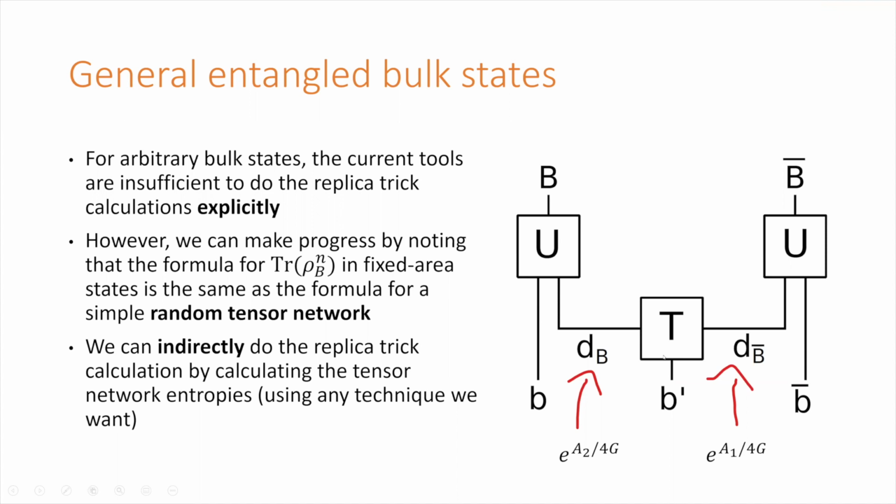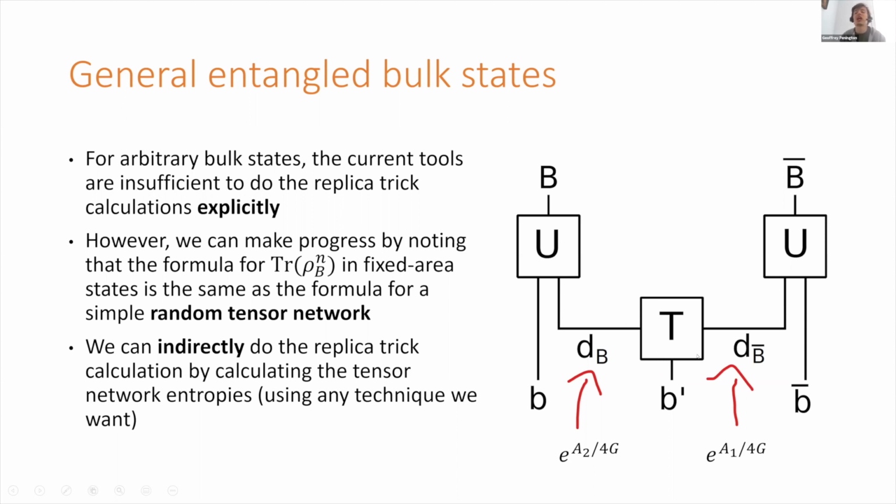So what's the exact claim? An average over T of what? It doesn't hugely matter as long as your bulk leg isn't too big. But the simplest one is just imagine that T is a tripartite Haar-random state.